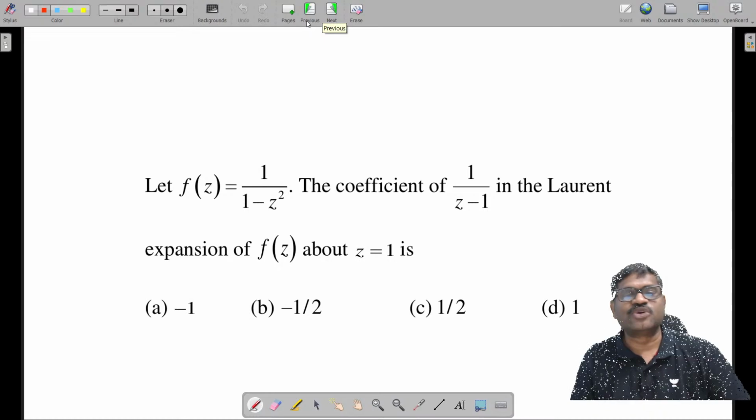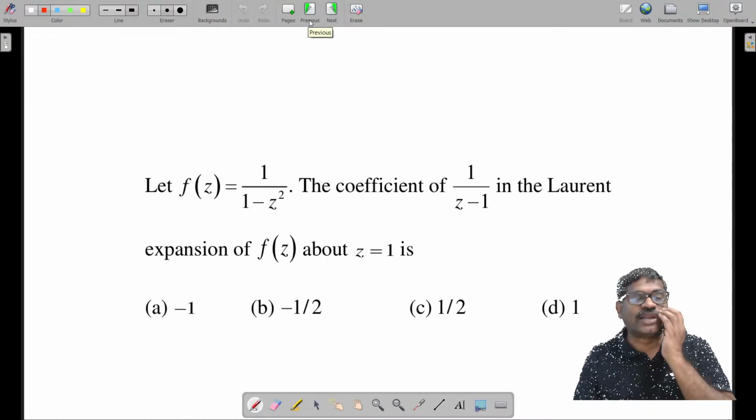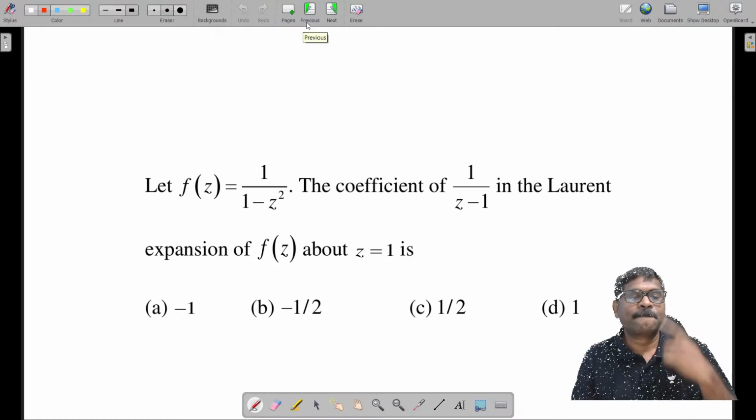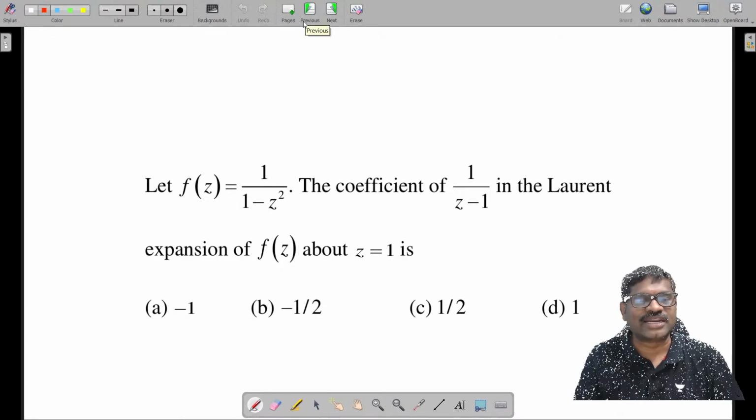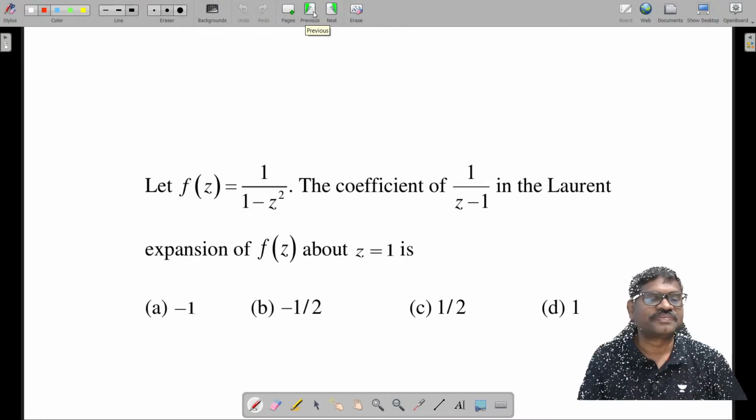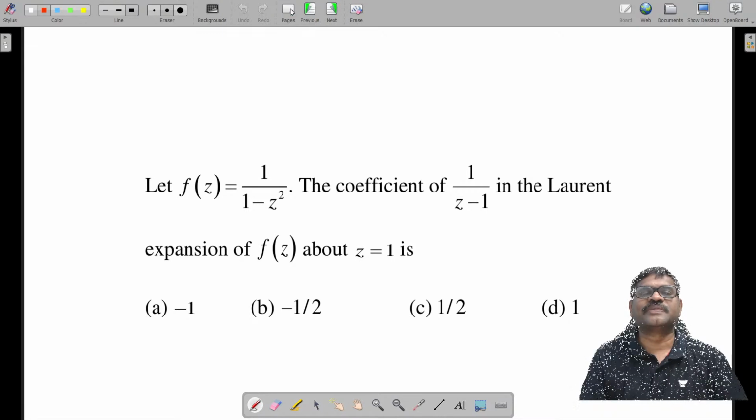I have taken the complete function, and in that complete function I have calculated the coefficient of 1 by z. Next one, 1 by (1 minus z) square.